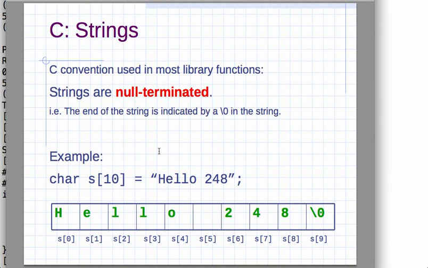So for example, if we set up an array of 10 characters, we can assign it anything in double quotes. It can be an empty string, or it can have double quotes with some number of characters between those double quotes. It turns out what happens is you get all of these characters between the double quotes plus one more character, and that's the null termination character.